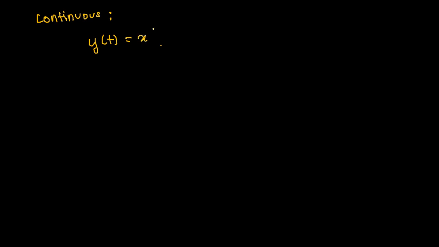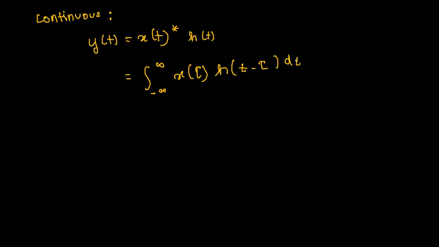Here the output will be given as the convolution of x of t with h of t, which is the integration from minus infinity to infinity of x of tau times h of t minus tau d tau. Here the tau is similar to the k that we had in discrete, and the small t is similar to the n that we had. Let's take a question and see how it's solved.